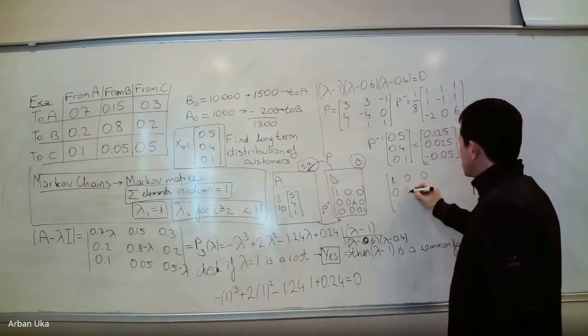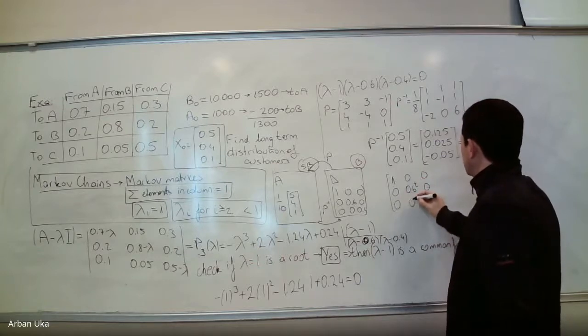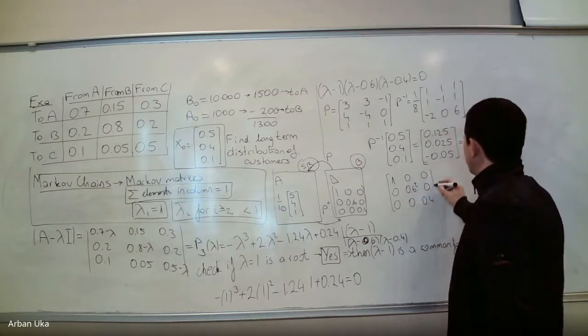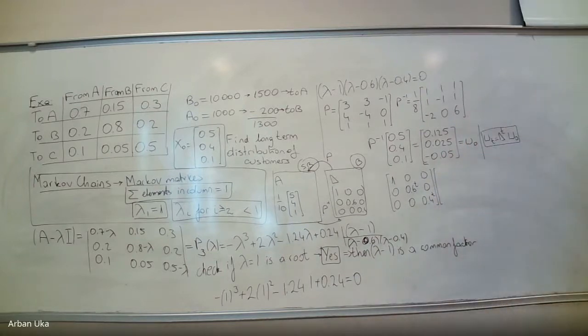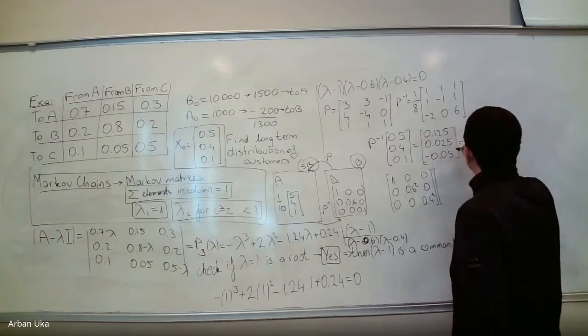The other eigenvalue is 0.6 to the power t, 0, 0, 0, 0.4 to the power t, times these numbers that we see here. In fact, these numbers that we find here, this is the initial conditions, yes. We need to multiply with these, but this is divided by 0.08.